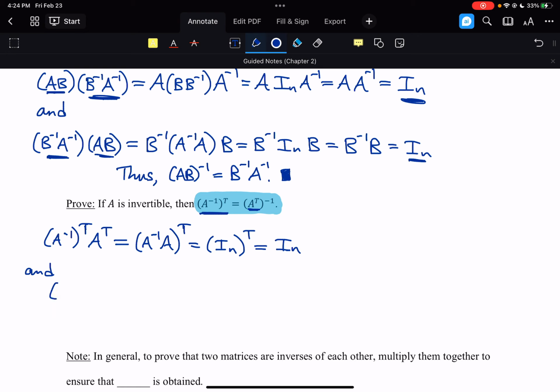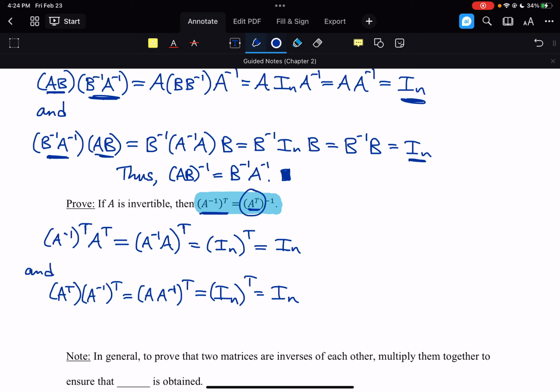And if we take the multiplication the other way, A transpose times A inverse transpose, again, the same matrix property holds. We can pull the transpose out of there. So that's A times A inverse, all transposed. So that's once again identity transposed, which is identity.